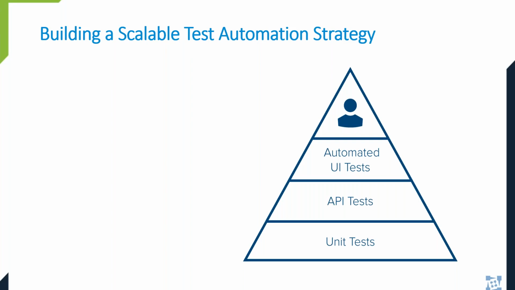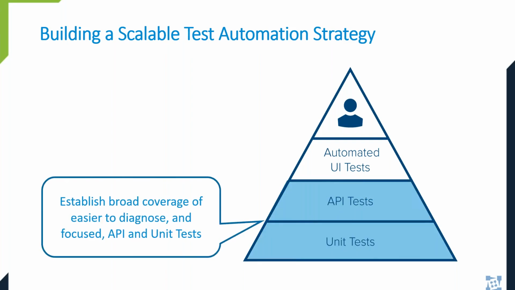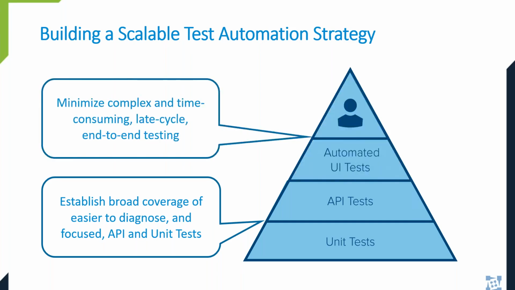You really want to focus with a broad set of unit and API tests to really validate individual components, get good coverage, because these types of tests really help you understand the root cause of defects in your environment. And so you want to build as many of those as possible, and then support them with your automated UI and manual tests at the top.